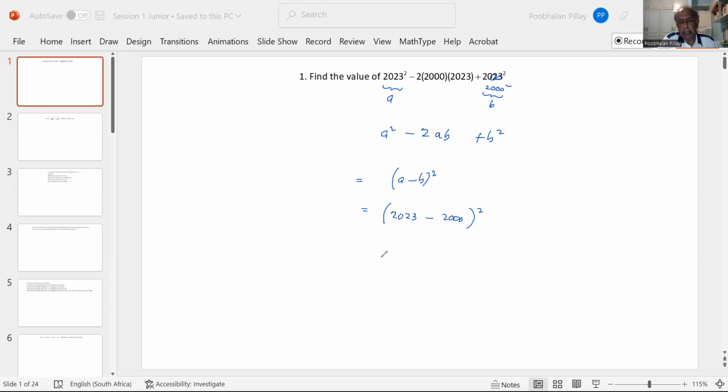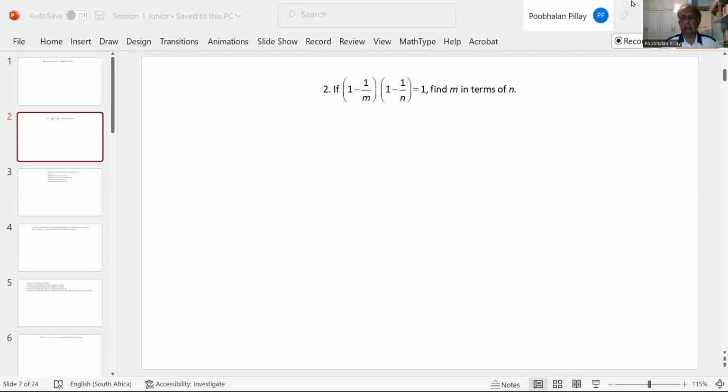That's very easy: 2023 minus 2000 is 23, so 23 squared. When you calculate that, you'll get 529. No calculators used, but you can just do simple long multiplication. Okay, so that takes us to the end of the first problem.